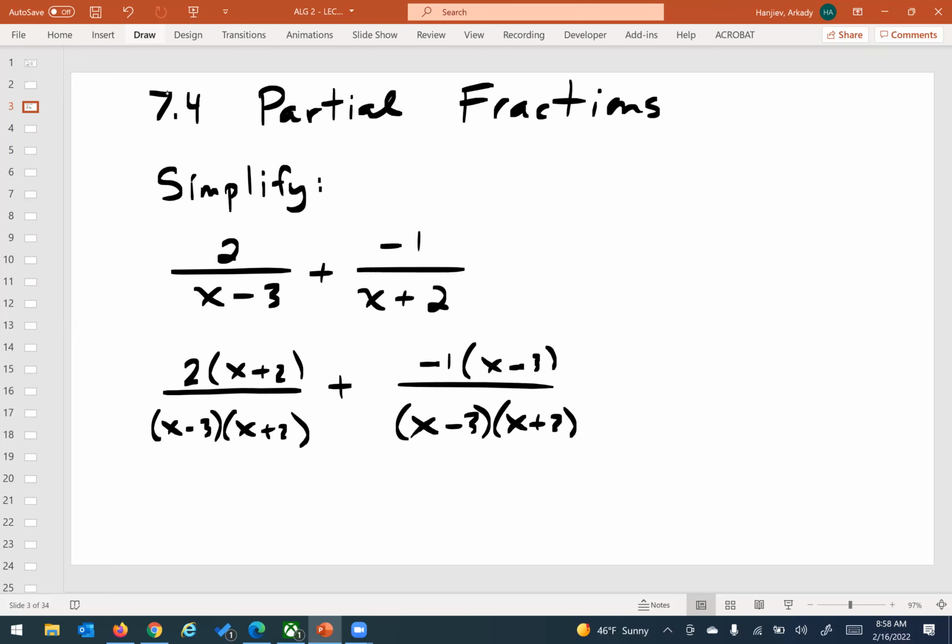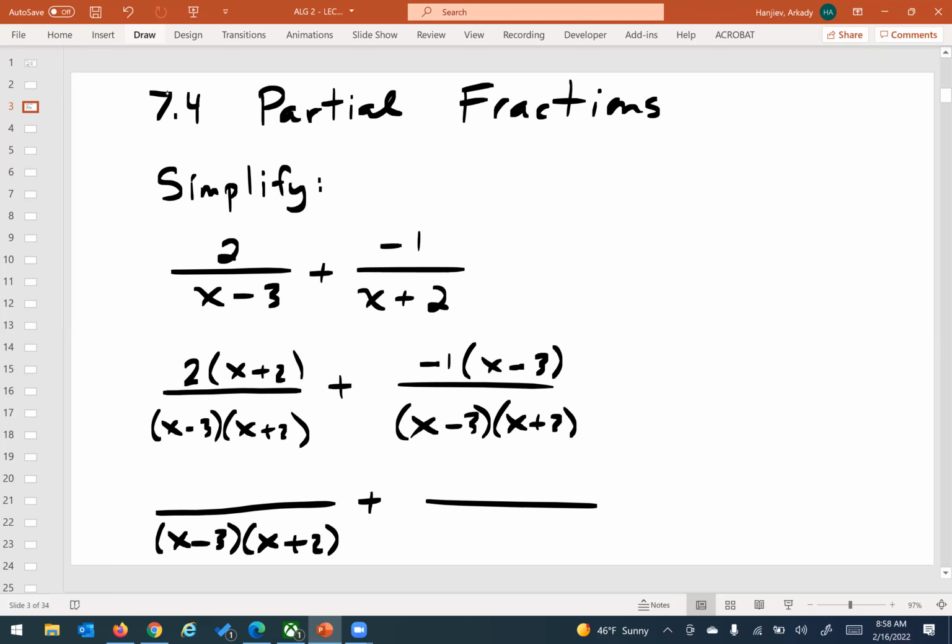Okay, so almost running out of room here, but I'll keep it just like this for now here. Okay, denominators are still the same. We're going to add this together in just a second here. So this is 2x plus 4, everybody agreed there? Jump this way here. This is negative x plus 3.